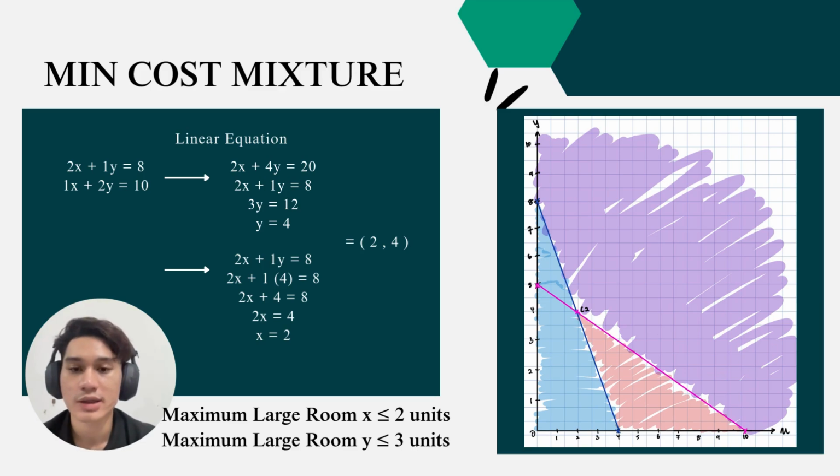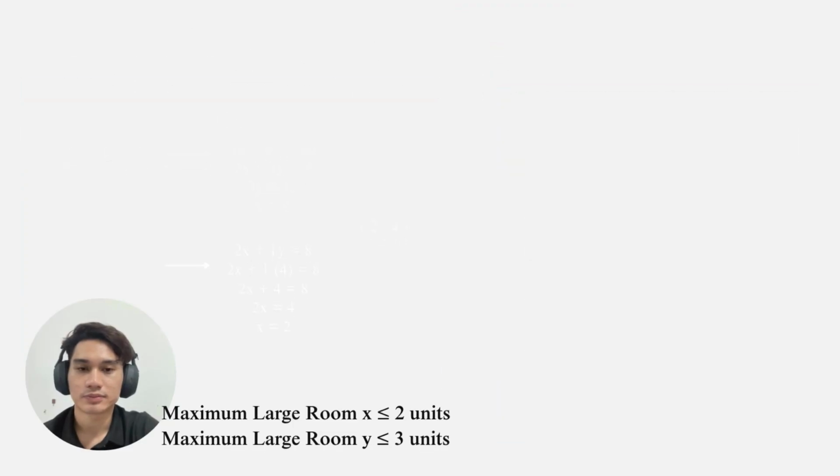Next, 2x plus 1y equals 8, so 2x plus 1 times 4 equals 8, 2x plus 4 equals 8, 2x equals 4, and the answer is x is 2. So we got 2 for x and 4 for y.